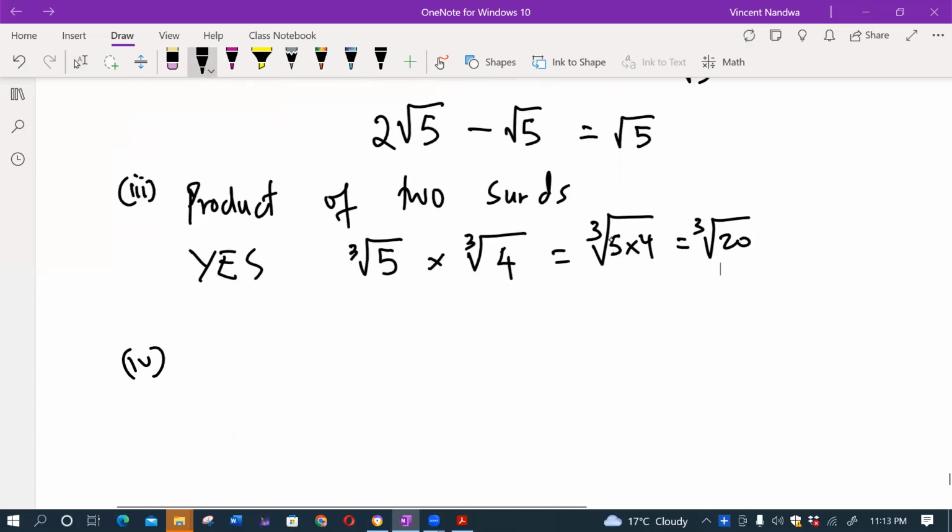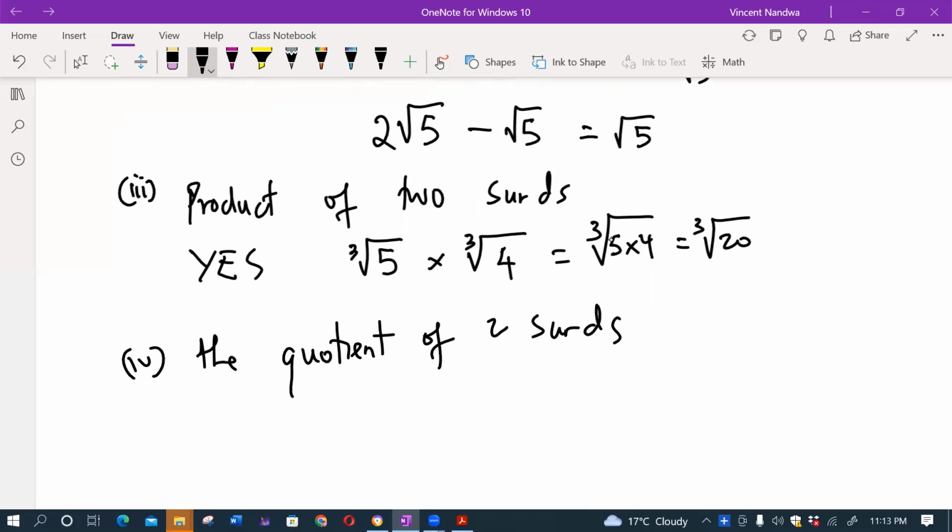Roman 4, the quotient of two surds. Yes, it is possible to get a pure surd by getting the quotient of two surds.